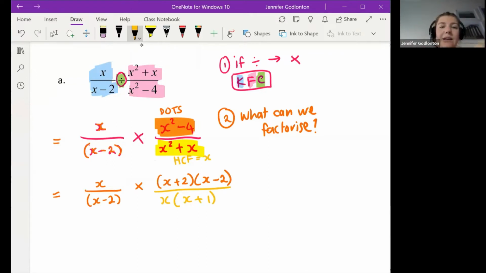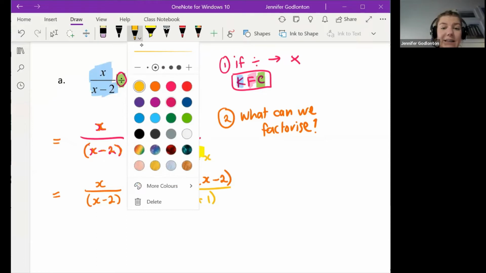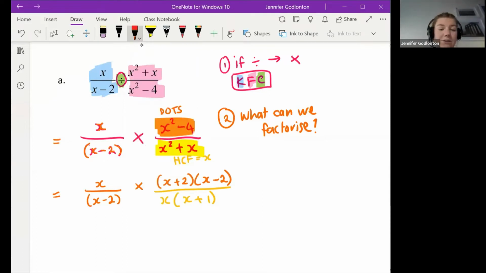Now, if you're doing this in a test, at this point you've already got a lot of marks. You get a mark for doing your KFC, for changing the divide sign to a times sign and flipping your second fraction. Then a mark for difference of 2 squares, and a mark for the highest common factor. So right now we're already sitting on 3 marks, which is great.